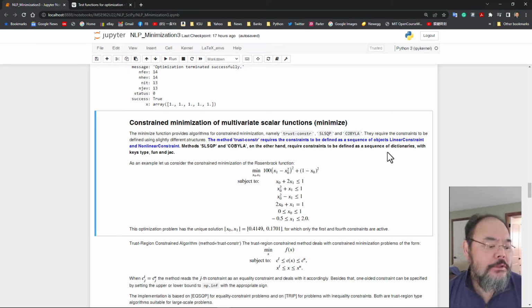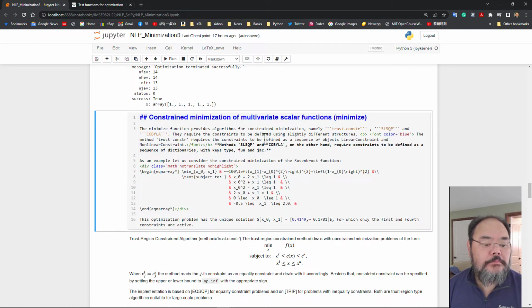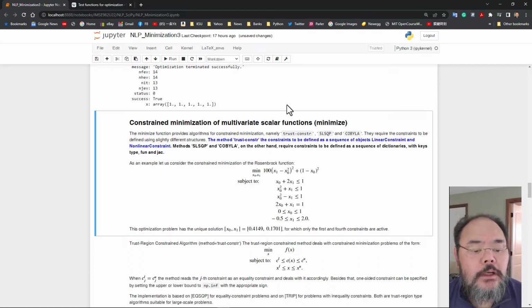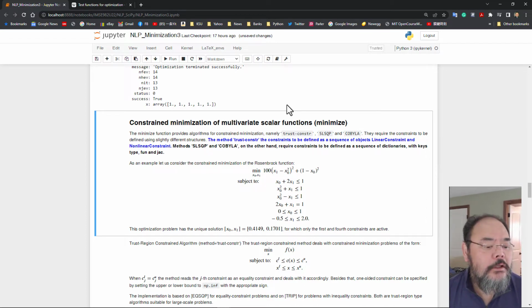They require constraints to be defined with slightly different structures. For example, we mentioned before, for the trust region constrained algorithm, the constraint can be defined as a sequence of objects of so-called linear constraint and nonlinear constraint.